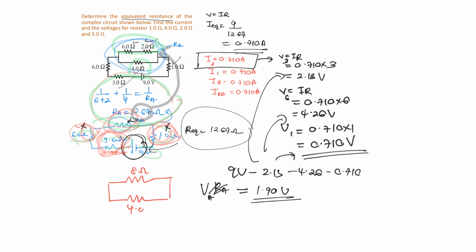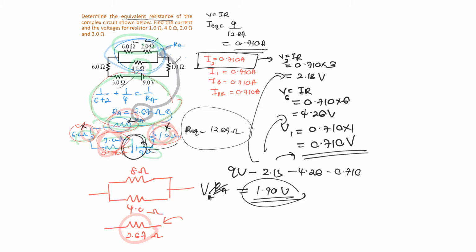This is 4 ohm. Before, when you combine, this one is 2.67 ohm. So what is the voltage applied at 2.67? It is going to be 1.90 volt.